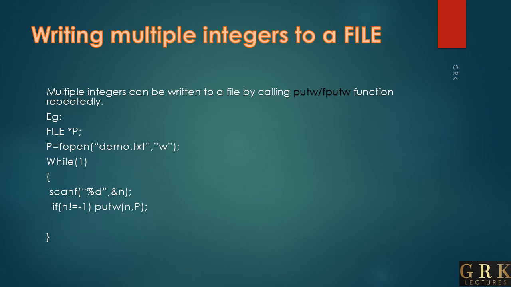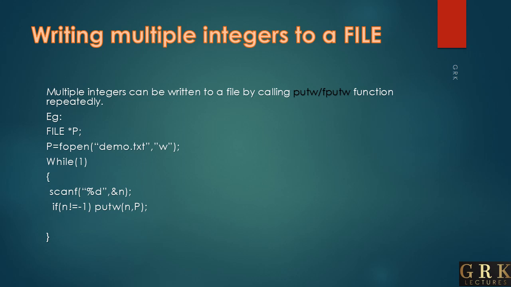Here I am using the condition n not equals to -1. When you are writing characters to the file, the end of the file is represented by the marker EOF, which we discussed in the last class. But when you are writing integer values to the file, generally we use -1 as the end of the file.